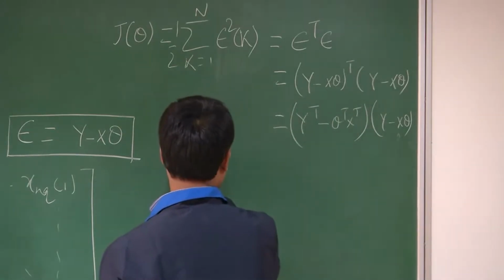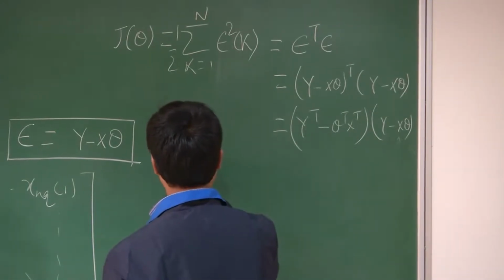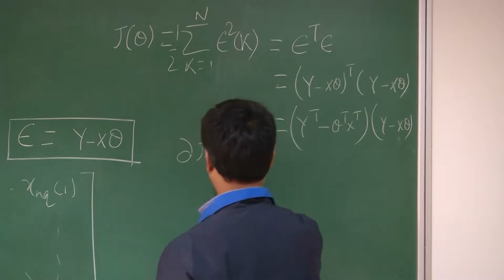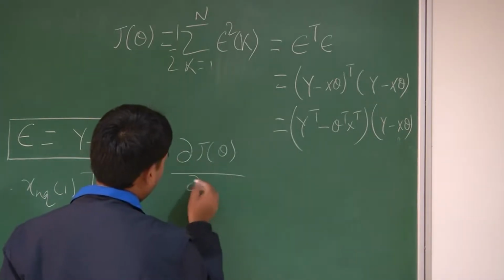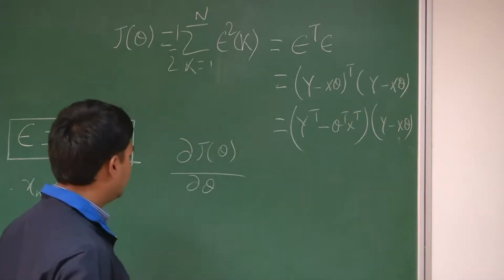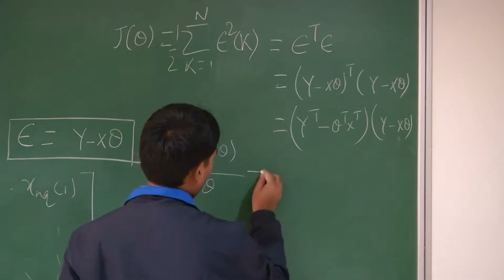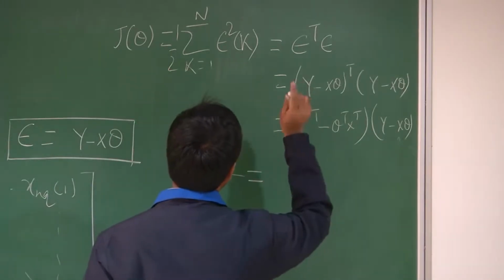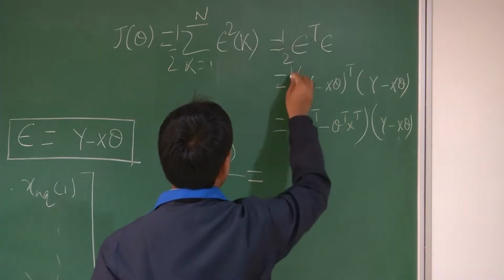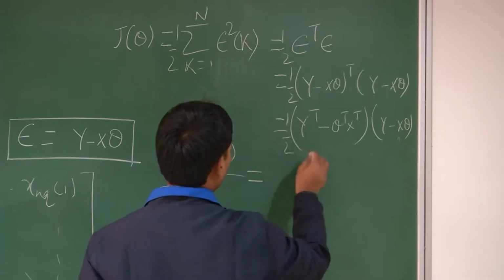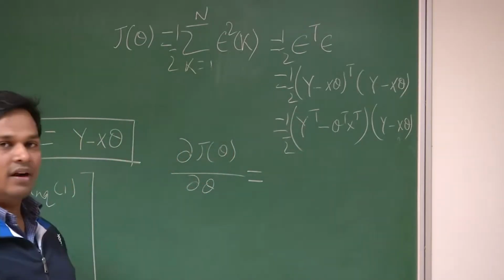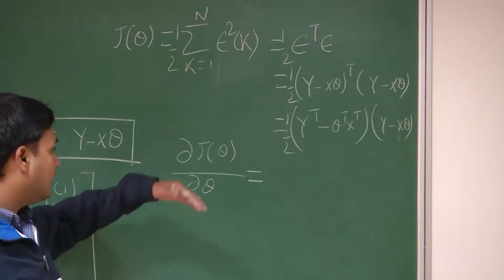Now if you take the derivative with respect to theta, so ∂J(theta)/∂theta, right? Yeah, I have missed a half. So what will happen once you take the derivative of this?